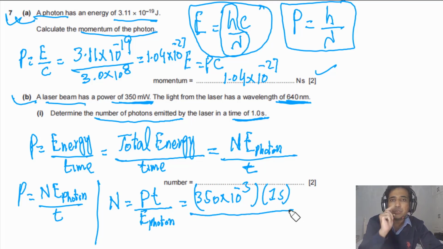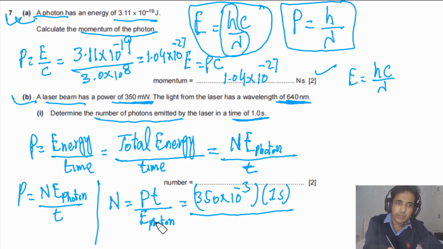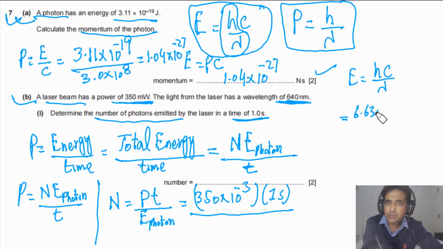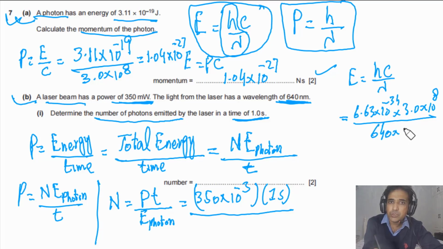And the energy of a single photon, as we discussed before, E is equal to hc over lambda. So simply we can write here hc over lambda. I'll write here the value of Planck's constant, that is 6.63 times 10 to minus 34. c is a constant, that is 3.0 times 10 to 8, divided by lambda of the photon, that is 640 nanometers, meaning 10 to minus 9.